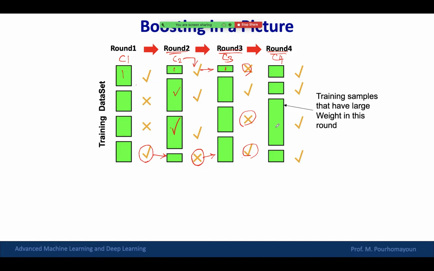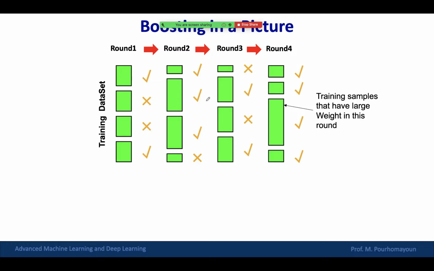But as you see, it really achieves the main purpose of ensemble learning, which is diversity. You see that the prediction results are very different. The samples that one of them classified correctly, the other one didn't, and it was completely adaptive.